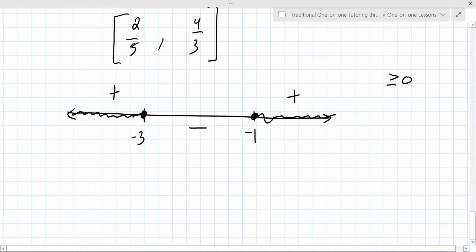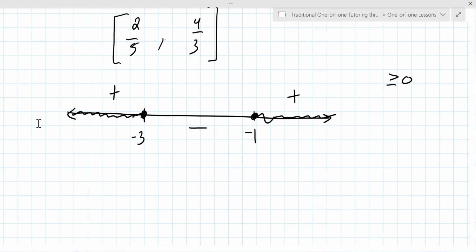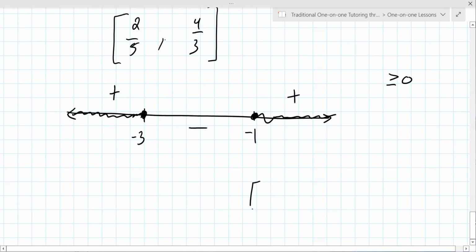Can you tell me what the interval notation answer looks like, or write it down and then I'll write down the answer if it's unclear? Greater than or equal to 0? Yes. Wouldn't that be -3? No, no, it'd be hard bracket -1, comma, infinity, soft bracket.